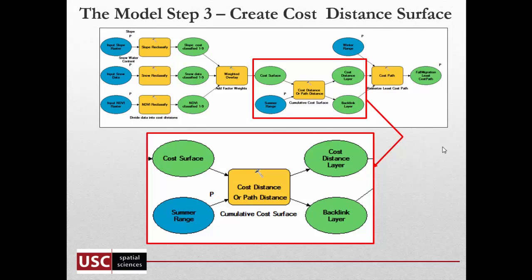This layer actually looks for the least cost path and creates a raster layer where each cell contains a value that refers to the next link in the least cost path back to the source.